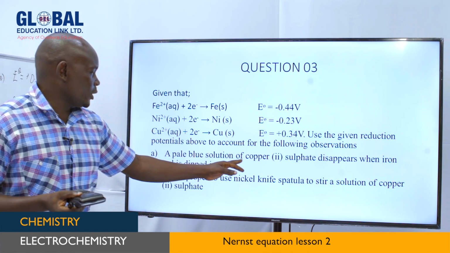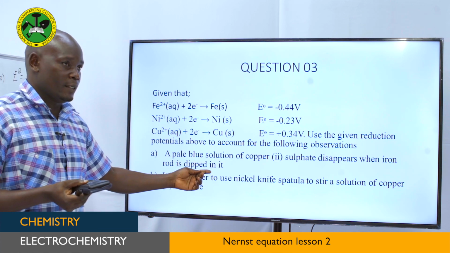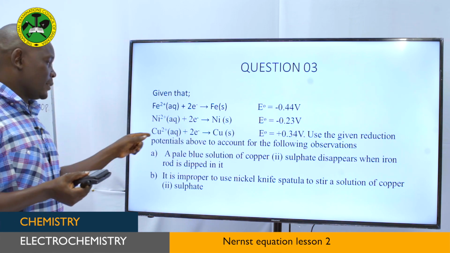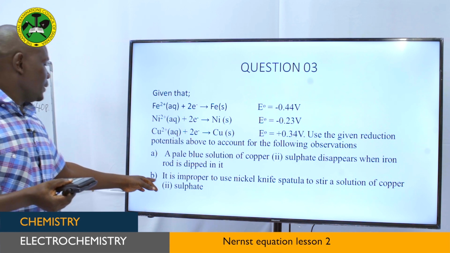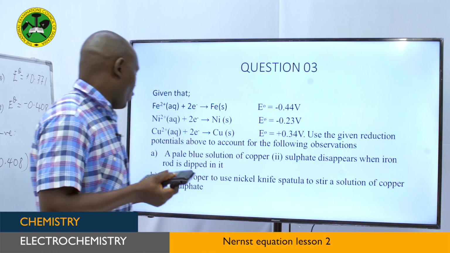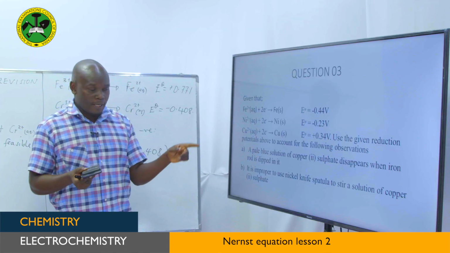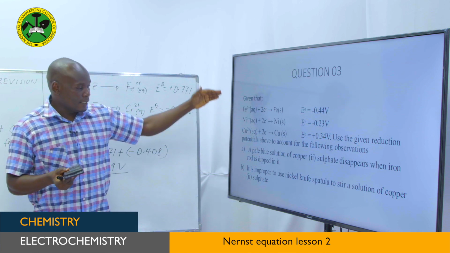Part A is that a pale blue solution of copper 2 sulfate disappears when an iron rod is dipped in it. The standard electrode potential will help you to answer such a question. Part B is that it is improper to use a nickel spatula to stir a solution of copper 2 sulfate. That is also an application of standard electrode potential. So that is the second assignment.